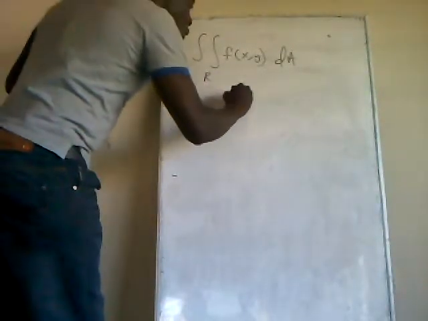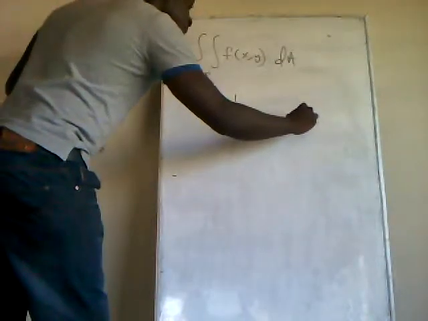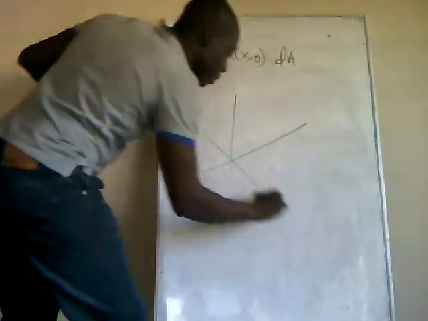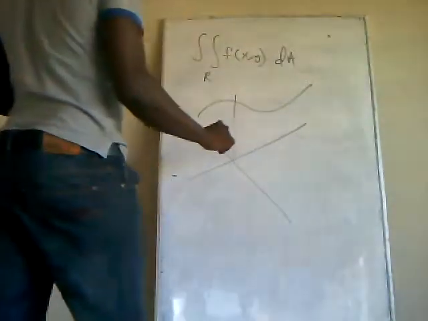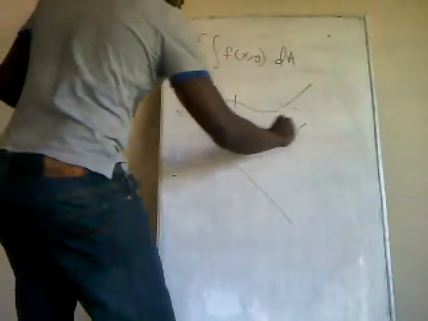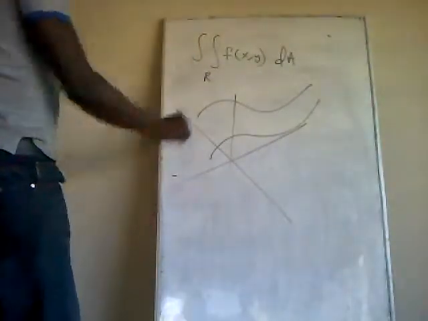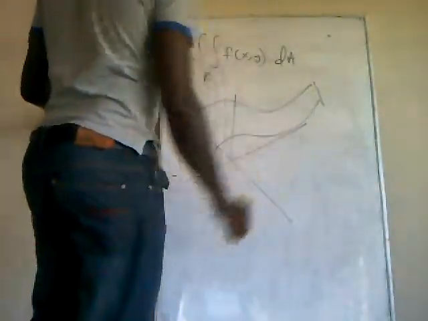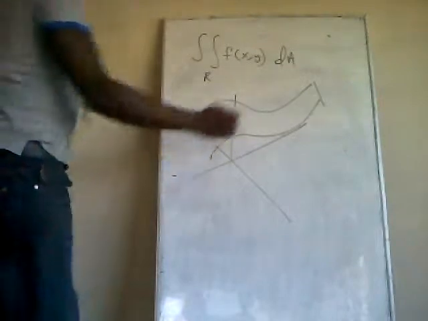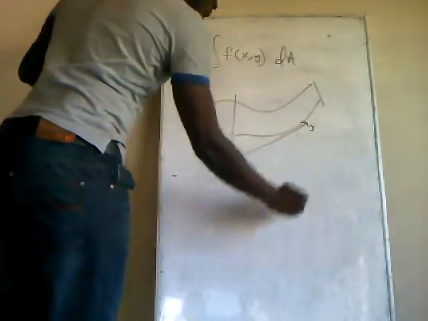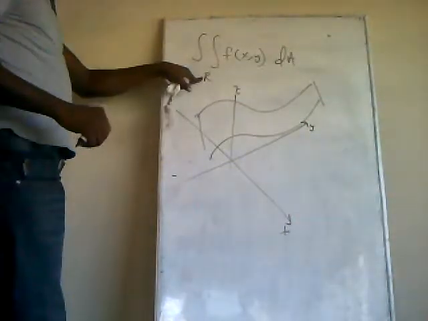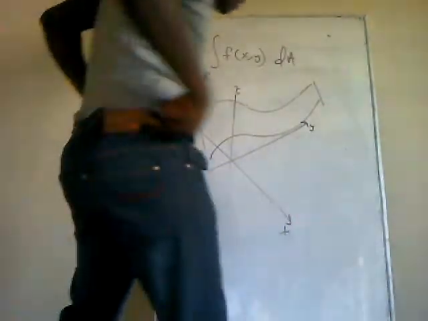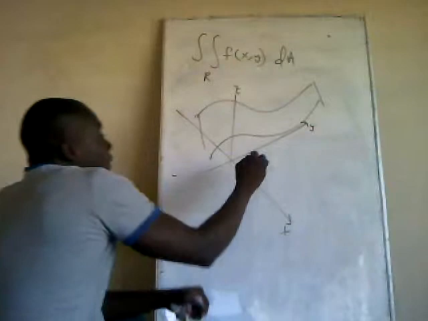Okay, so we are looking at some surface in space. We all know here is y, x, and z. And here R is a region in the xy plane.